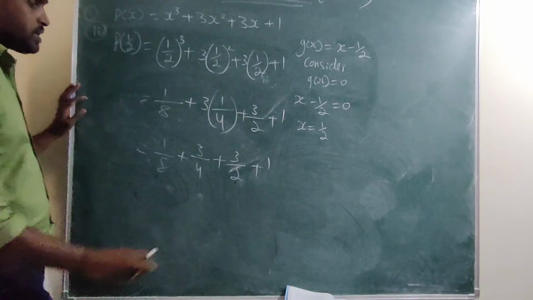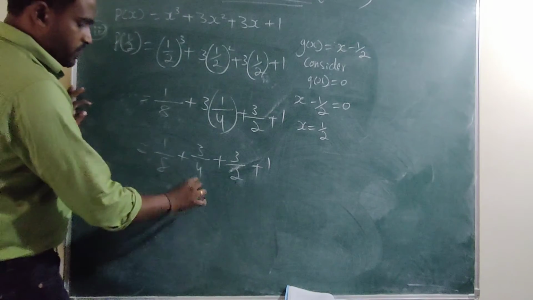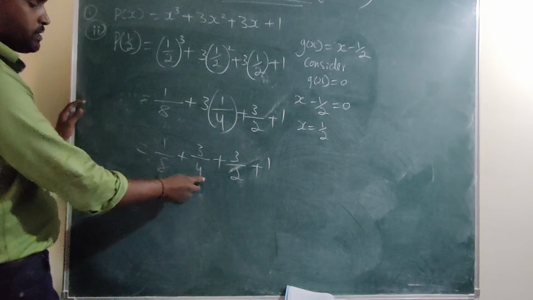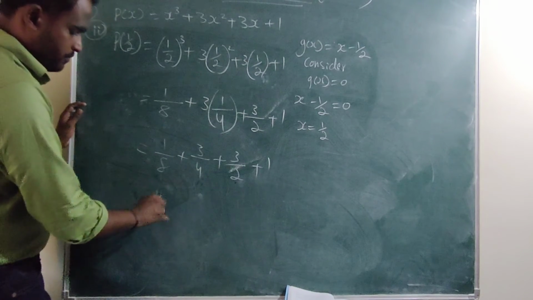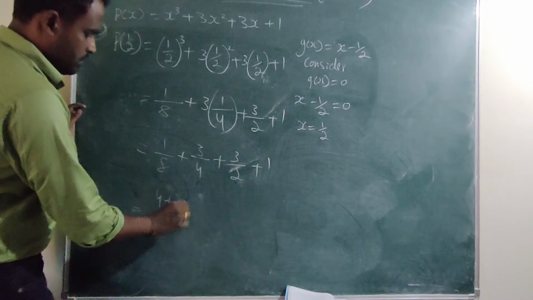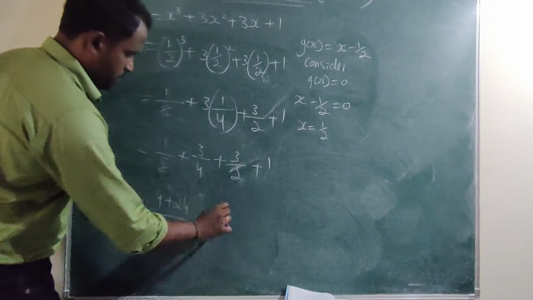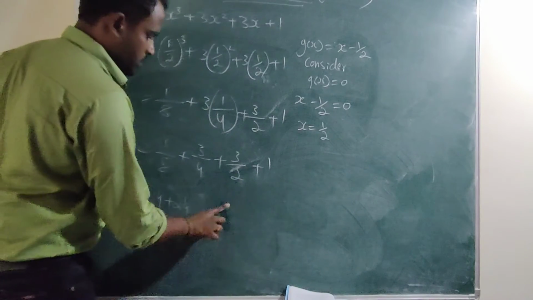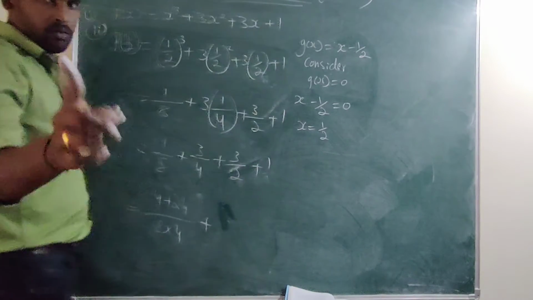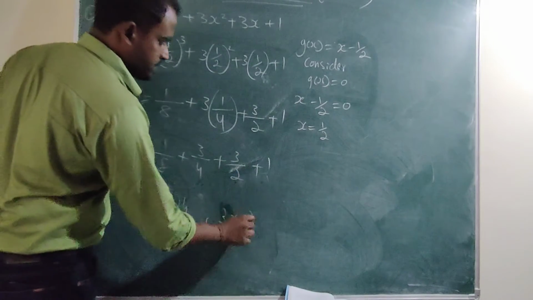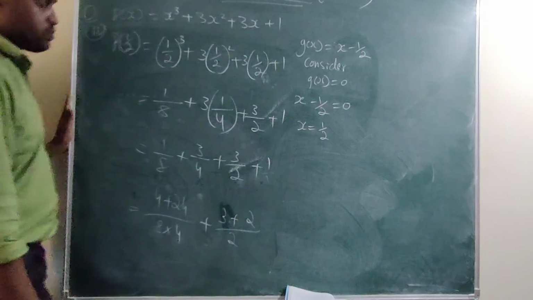Otherwise, please take any two fractions. I would like to take the first two fractions. Then go for cross multiplication. 4 ones are 4. 8 threes are 24 divided by 8 into 4 plus 2. Here, where the denominator has no number, it is always 1. 3 ones are 2 ones are divided by 2.